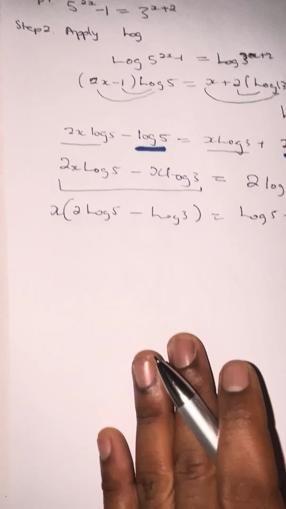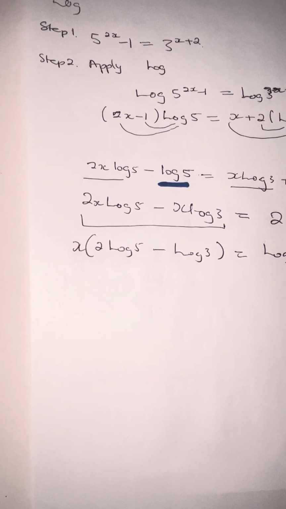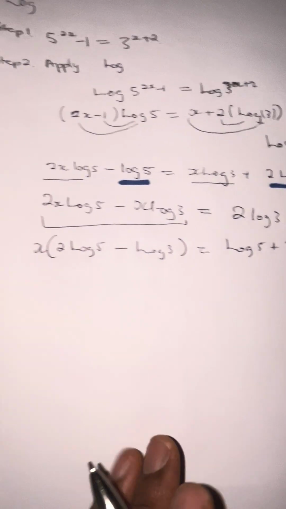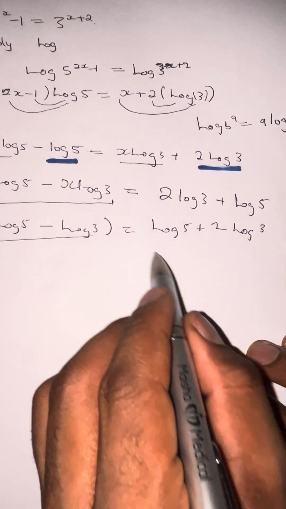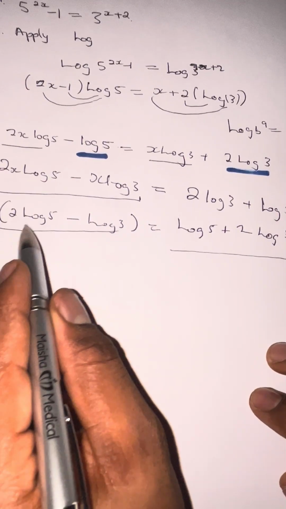And then step number 4, we solve for x. We divide both parts by this.